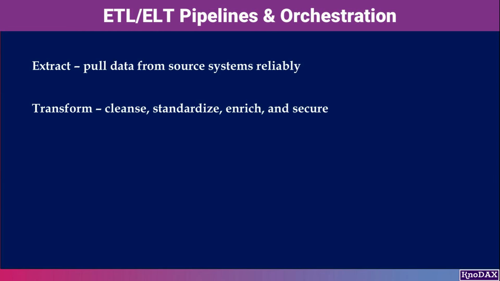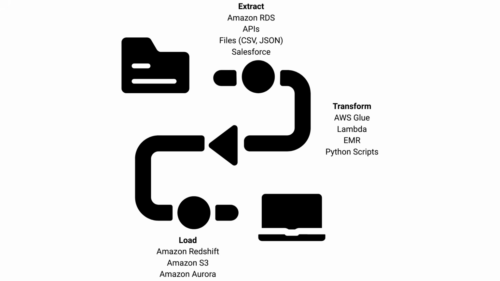This is where business logic is applied, where missing values are addressed, formats are aligned, and sensitive information is masked or governed. Finally, the load stage delivers the processed data into the right destinations, whether that's a data lake, a warehouse like Redshift, or downstream data marts that fuel BI dashboards and ML pipelines.